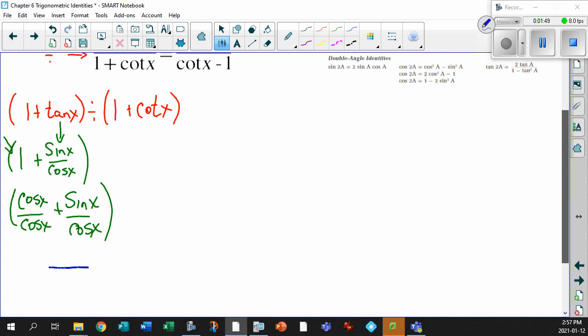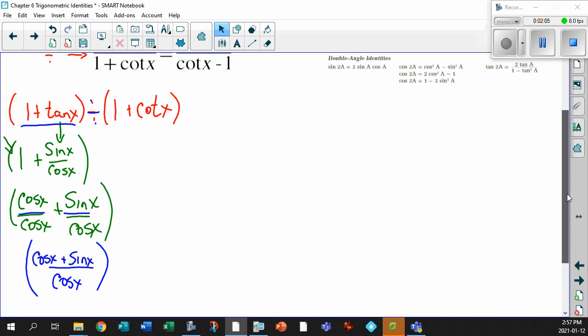Okay, this is over a common denominator, cos x. So now you get sine and cos added together. So cos x plus sine x. There's our first term. Now, you're going to divide this by. So before we take the reciprocal and multiply, let's just work this out. Okay, this is the same as saying 1 plus cotangent x.